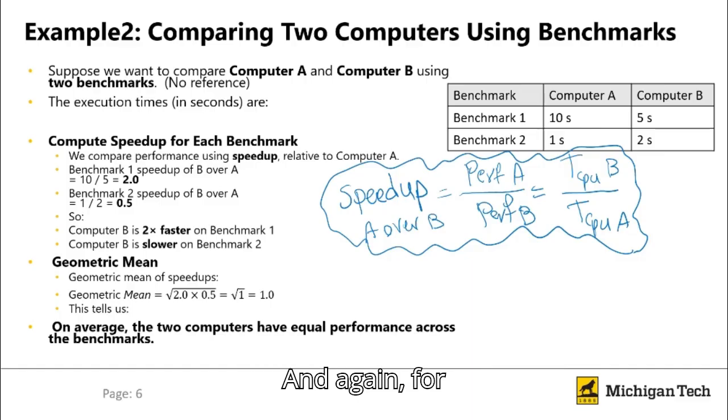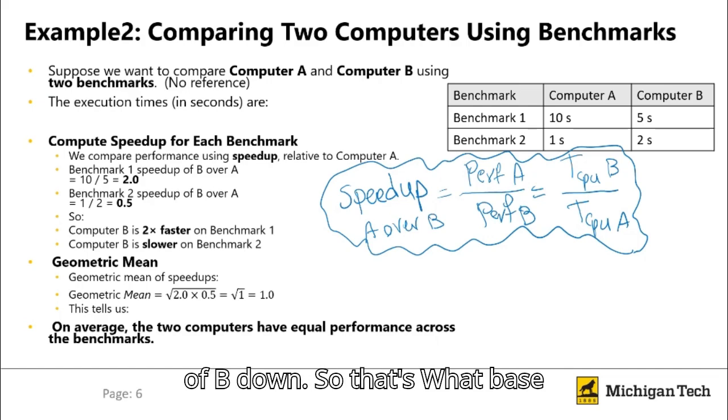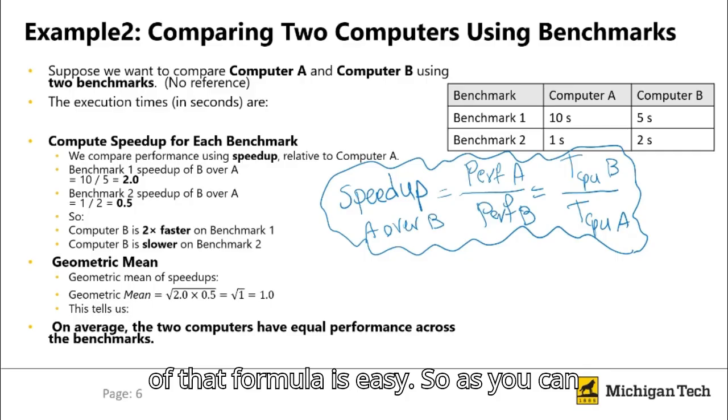And again, for benchmark 2, we also want to find the speedup of B over A. So we put the time of A on top and the time of B on the bottom. So the basis of that formula is easy.